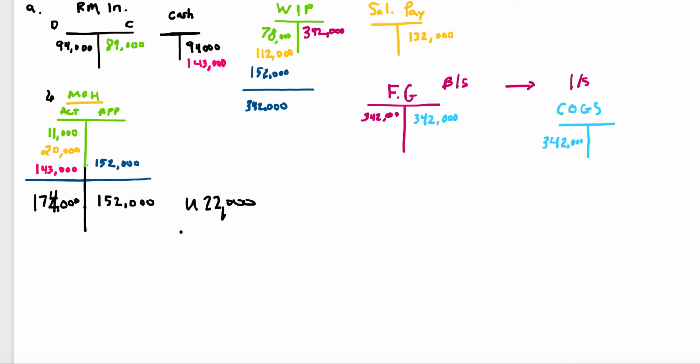I need to fix this. I know I'm going to fix it to cost of goods sold. Okay, so what do I have to do? Well, if I'm looking at the manufacturing overhead account, it's $22,000 short on the applied side. Okay, so to fix this, I'm going to credit manufacturing overhead $22,000.